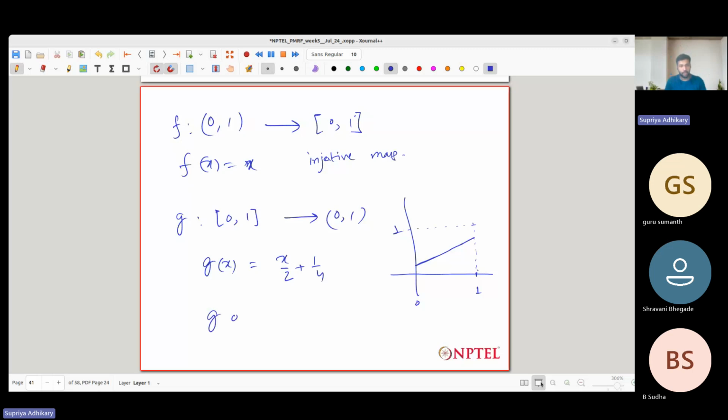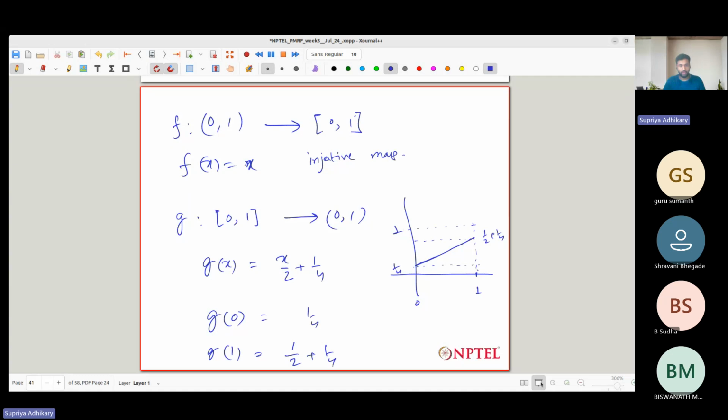As you can see, for 0, this will map to 1/4, and for 1, this will map to 1/2 plus 1/4. So if we consider this height to be 1/4, and this height to be 1/2 plus 1/4, then definitely this is our map G, and this is an injective map. You can check that this is an injective map.